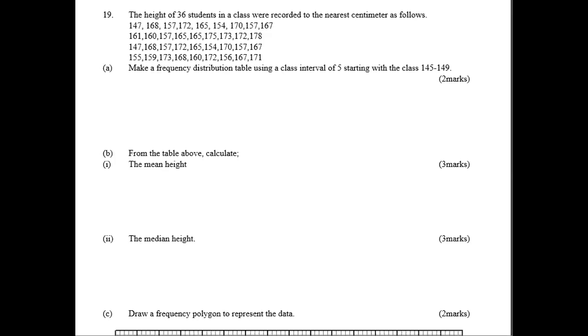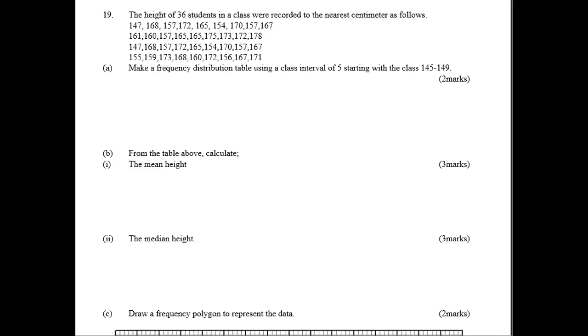So summation of fx divided by summation of f is 5912 divided by 36. I got the mean height as 164.22.